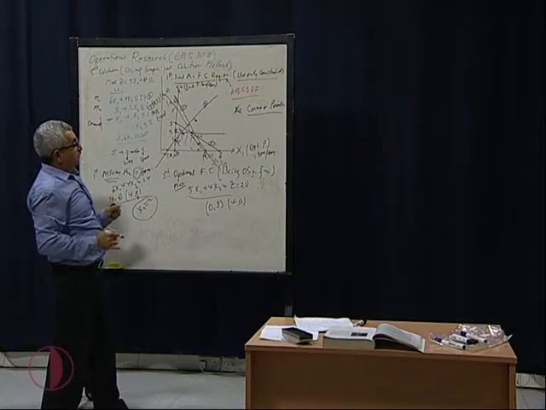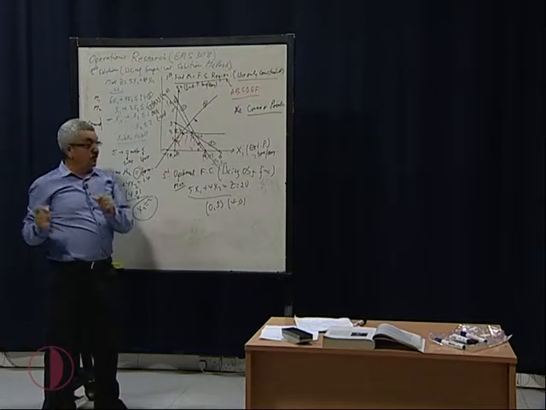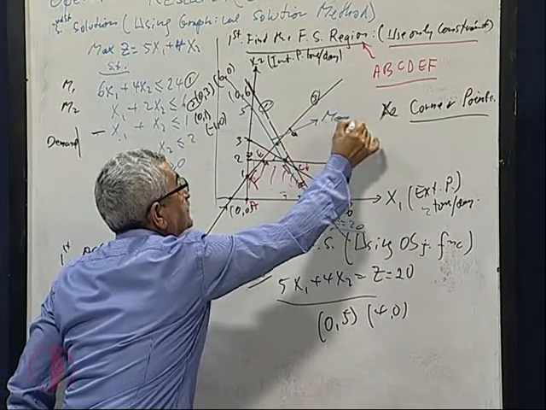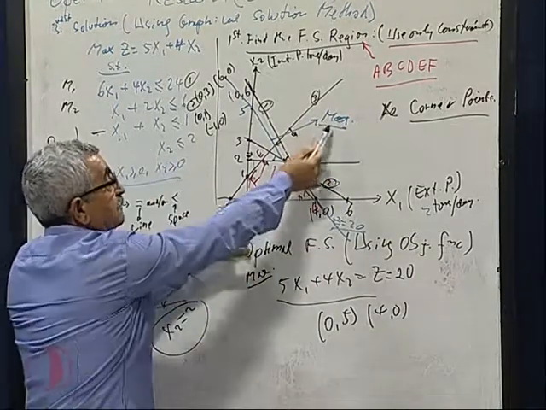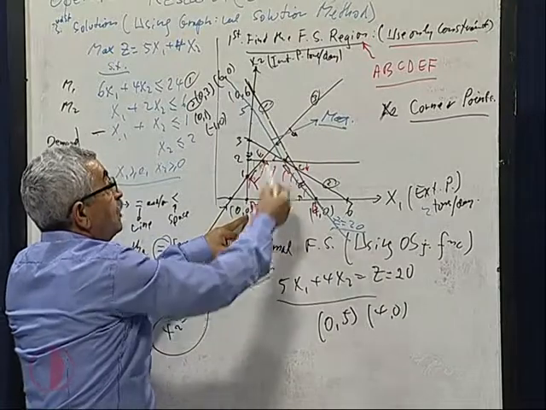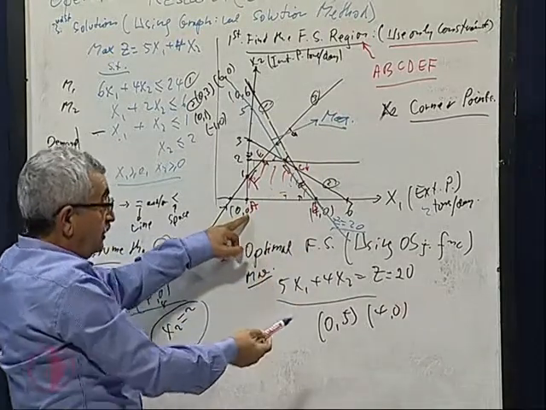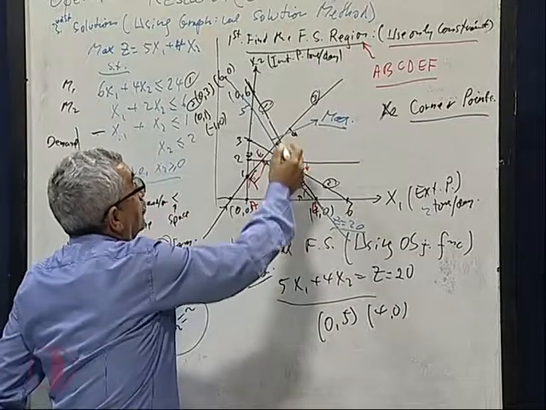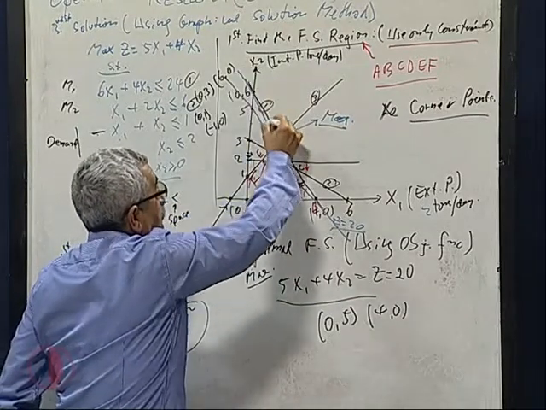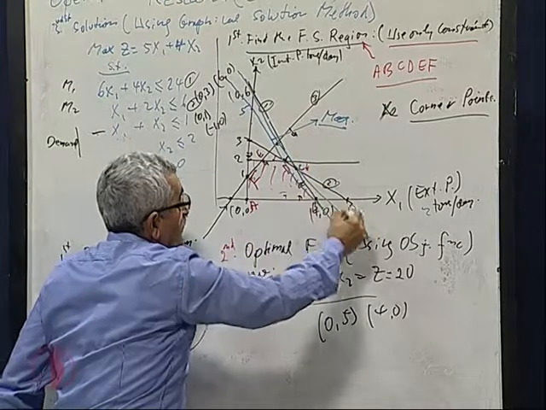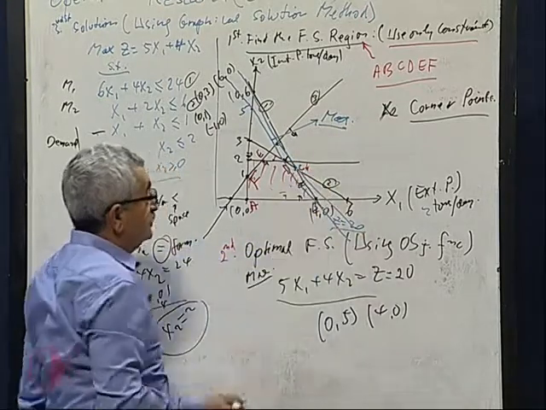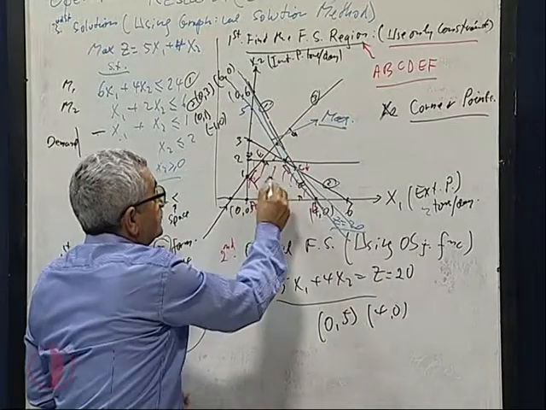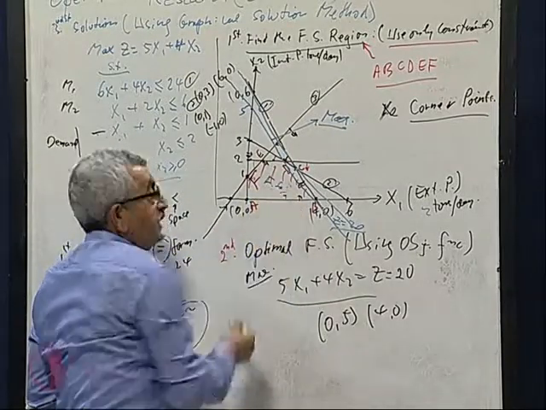If the problem is a maximization type problem, we shift the objective function away from the origin, as far as you can. We shift it up to the last point, C, and we cannot shift more because we go outside of the feasible solution area.